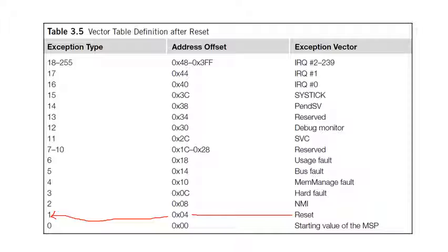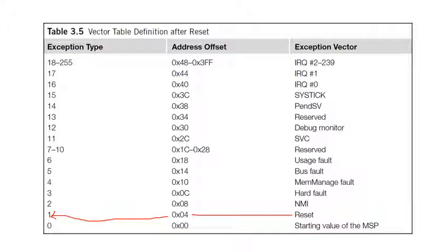Okay, so you can check out here, each exception type has a different address. 0x04 refers to what? The reset exception. Similarly, non-maskable has a different address, and in each case we can see there is a difference of 4.